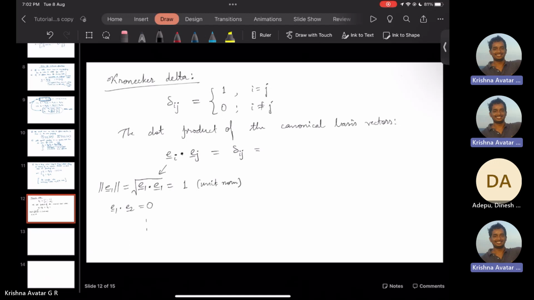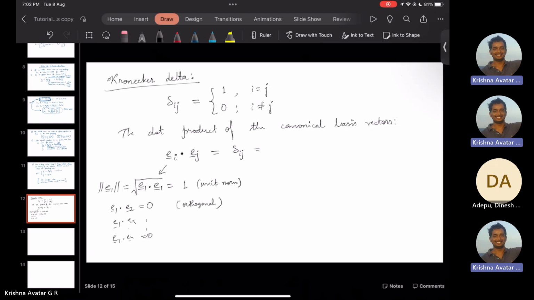And this will hold for all the other cases: e1 dot e3 till e1 dot en will always be 0, which implies that they are orthogonal to each other.